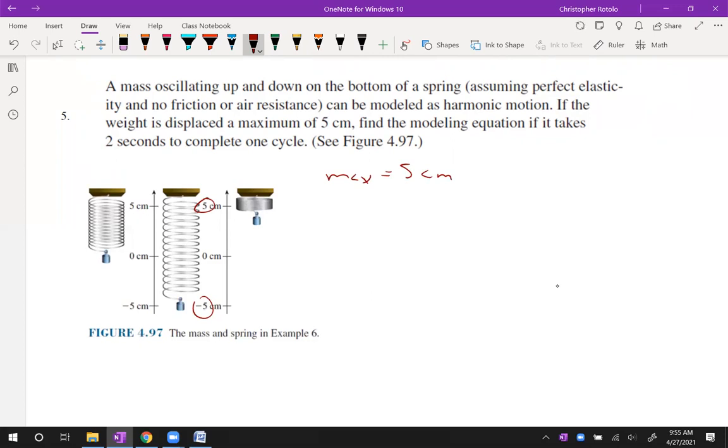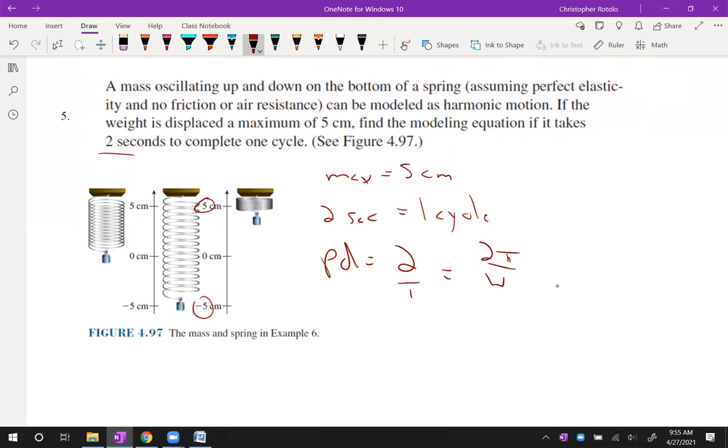Okay, and I noticed that it says find the modeling equation if it takes 2 seconds to complete one cycle. So it's going to be 2 seconds equals 1 cycle. Okay, so the period is 2 seconds. I'm going to make that 2 over 1, and that should be equal to 2 pi over omega.